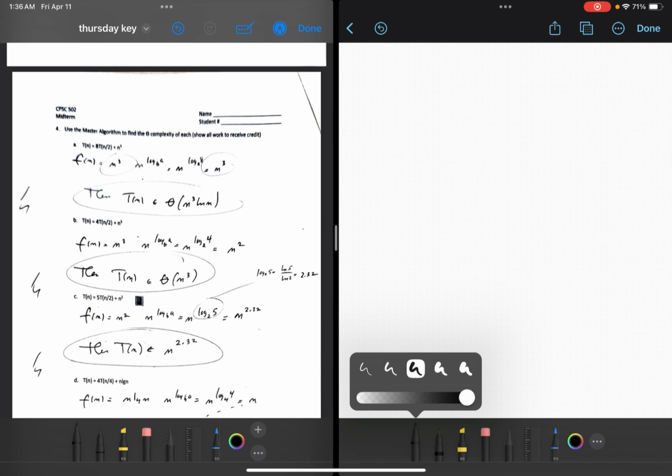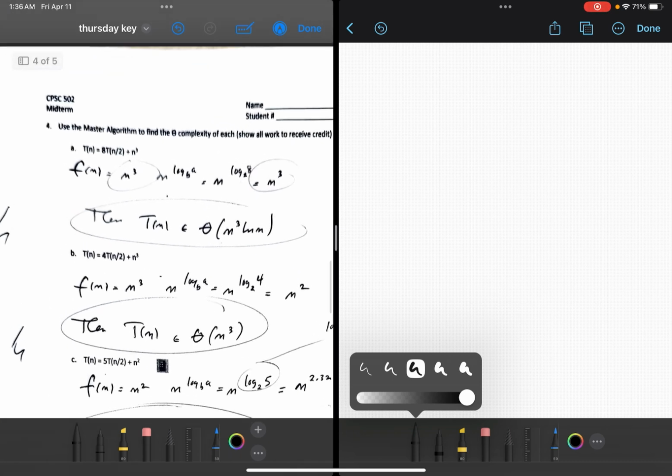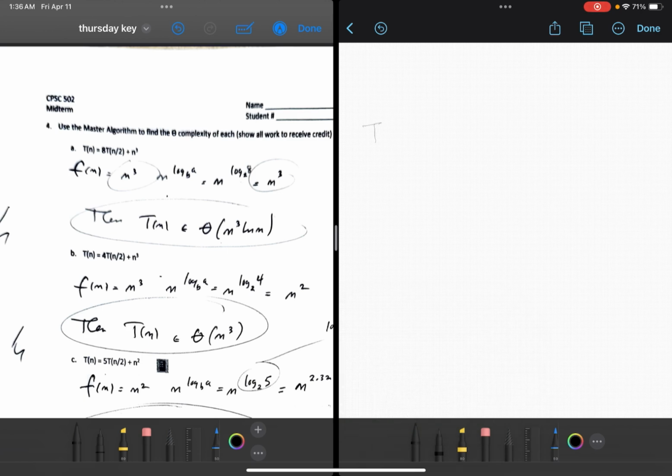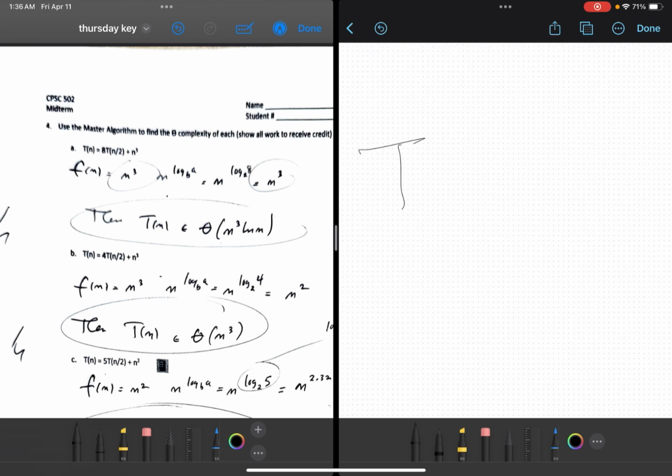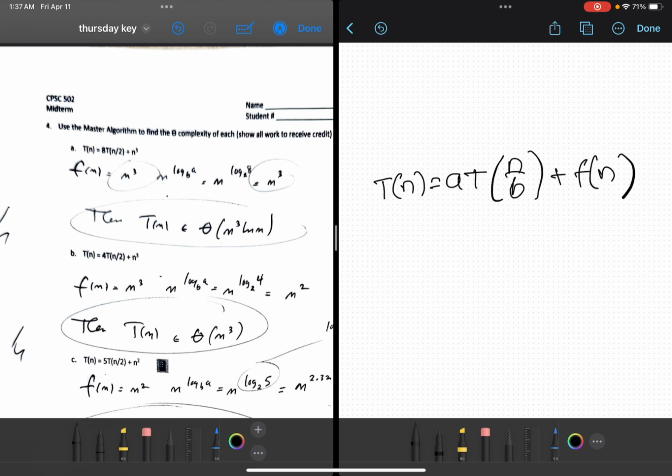So, coming over to the master method, this is one of the most important problems that you will encounter in this course. If we need to solve a problem using the master method, we already saw that it needs to be in the form T of n equals a T of n by b plus f of n. All of the questions given here are in this format.